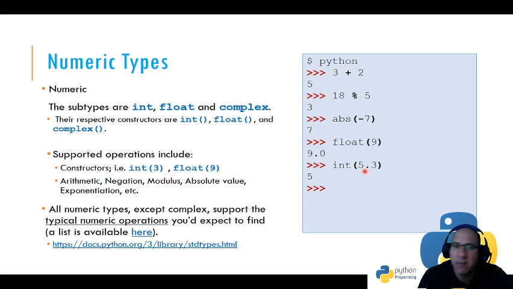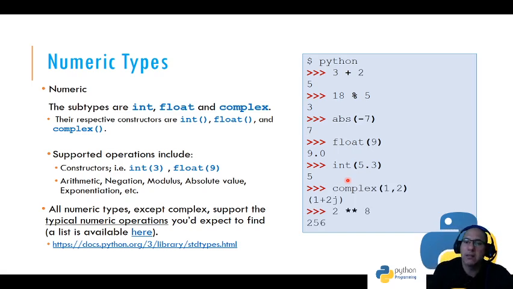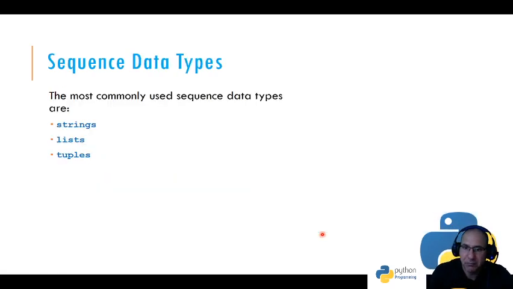Even if it was 5.9999, it will produce 5 as a result, because it will truncate whatever comes after the decimal point. Also, there is a construct for complex numbers, and we can use the exponent or power operator. 2 to the power 8, for example, gives us 256.